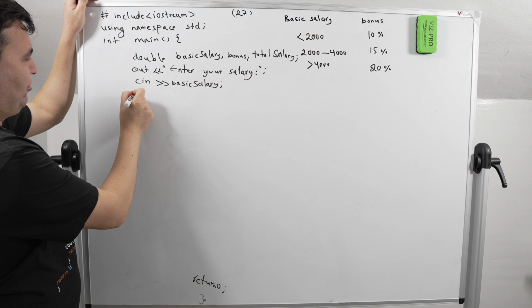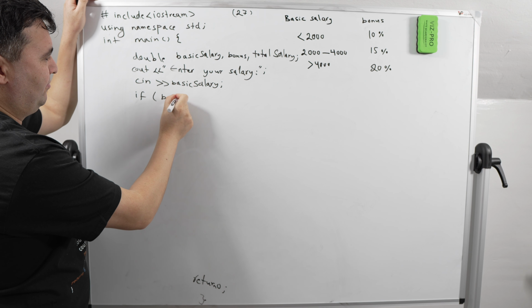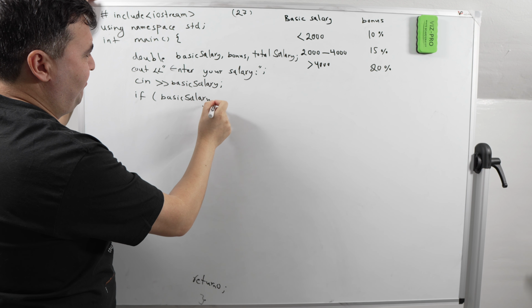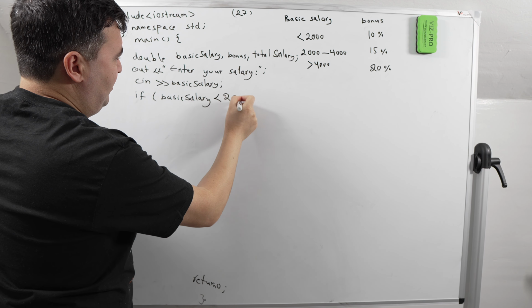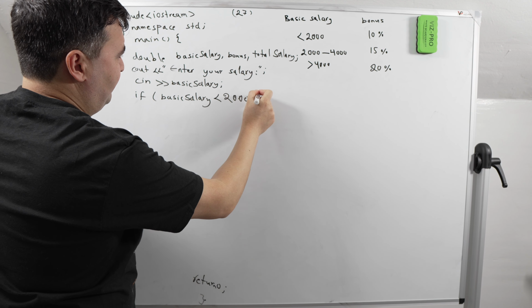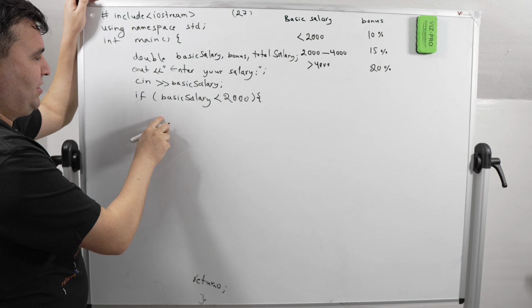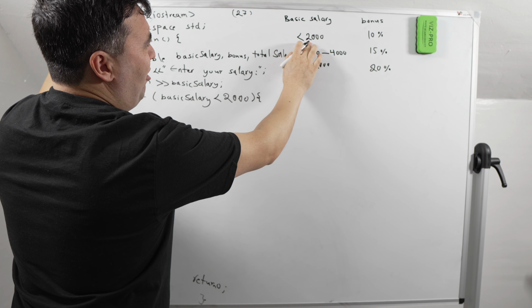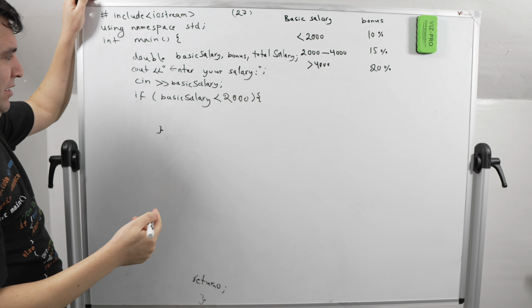And then we have to calculate here if basic salary is less than 2000. So you open the curly braces and close the curly braces for this if. If the employee salary is less than 2000, we need to calculate a bonus of 10%.